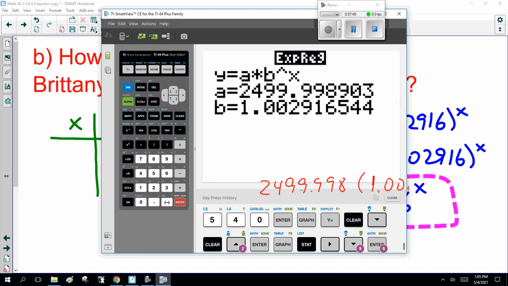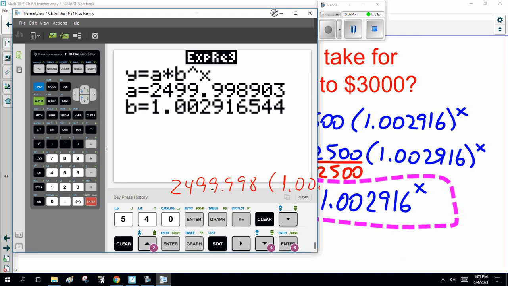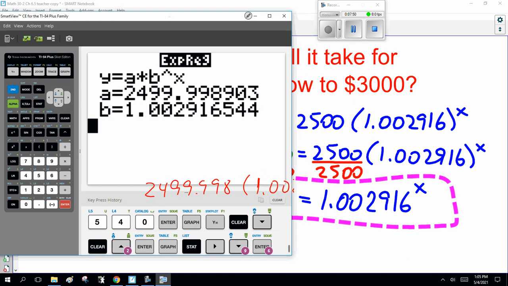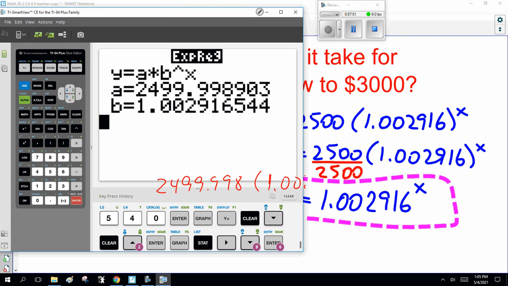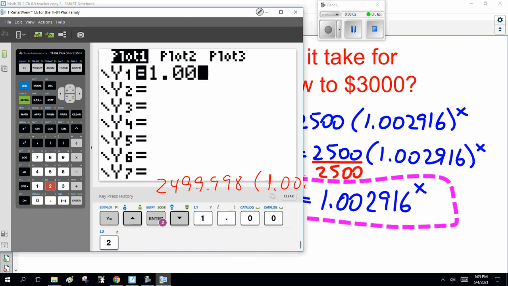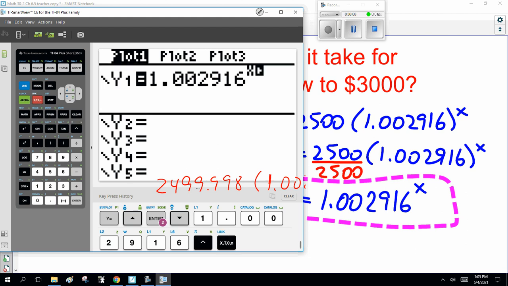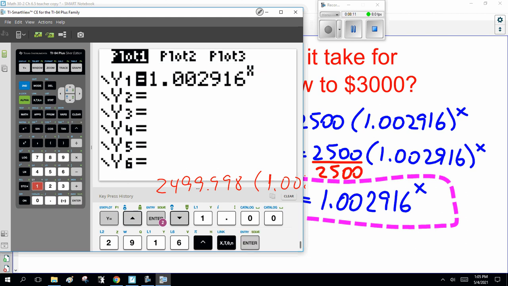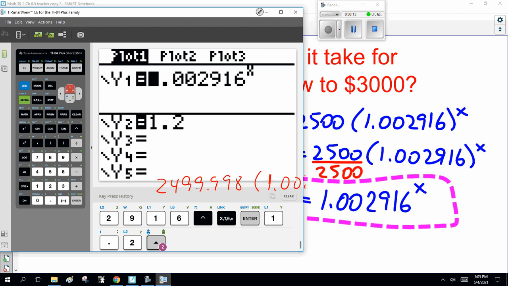Am I going to get all upset if you don't? No. All right, 1.2. Let's go. Y equals, so I go up, turn off that, no, sorry, leave that on, never mind. Decimal 1.002916 to the power of x, and 1.2. Now you're right, I know you're screaming at me, I should turn that off.